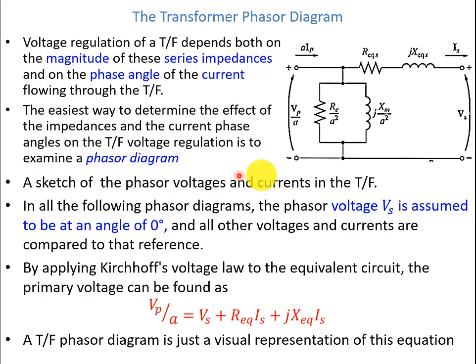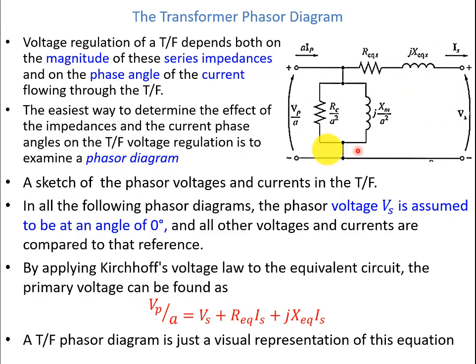This is a sketch of the phasor voltages and currents in the transformer. In all the following phasor diagrams, the phasor voltage Vs is assumed to be at an angle of 0 degrees. We take Vs as the reference and draw all the currents and voltages according to Vs. By applying KVL to the equivalent circuit, the primary voltage can be found as Vp over a, because this is in parallel, so the voltage across it will be Vp over a, which is equal to Vs plus R equivalent Is plus jX equivalent Is.